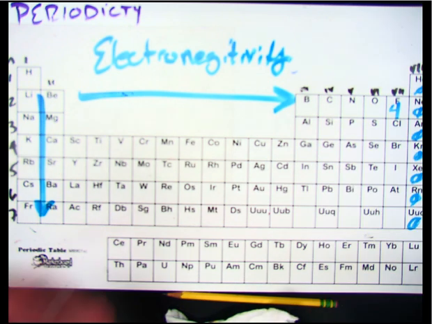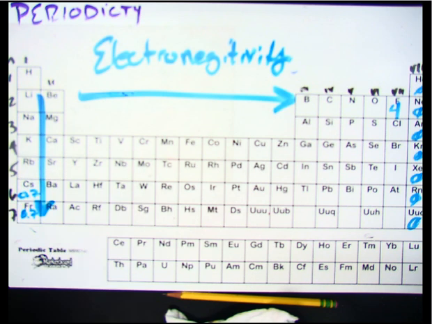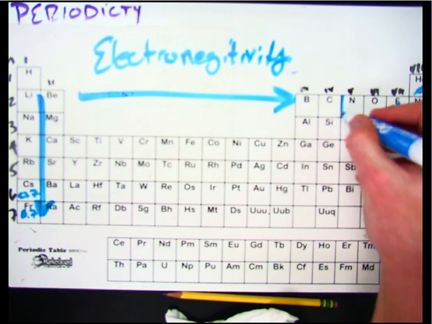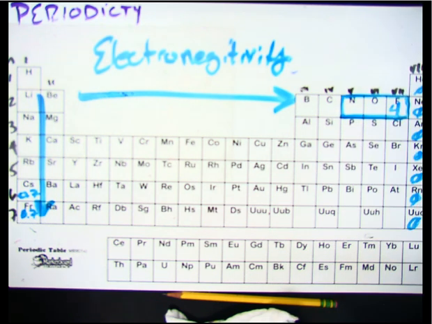If you are massive and huge, like francium down here, or cesium, you don't have much of an attraction for your electrons, and you have a hard time stealing or keeping them near you. And so francium and cesium have the smallest electronegativity. Nitrogen, oxygen, and fluorine are among the highest, with fluorine being the most.